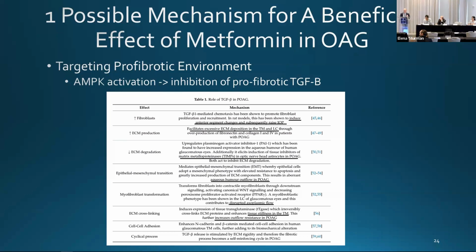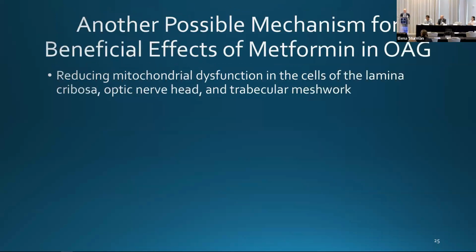There are various different mechanisms as to how and why metformin may be beneficial. Another known mechanism is reducing mitochondrial dysfunction of cells of the lamina cribrosa, optic nerve head, and trabecular meshwork. And as Lou mentioned in his talk, this may be important in glaucoma as well.